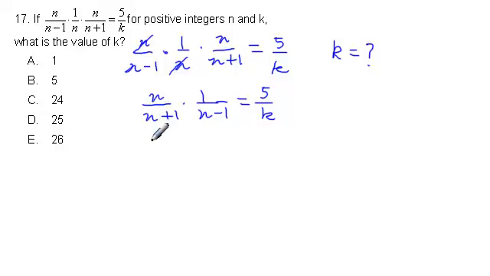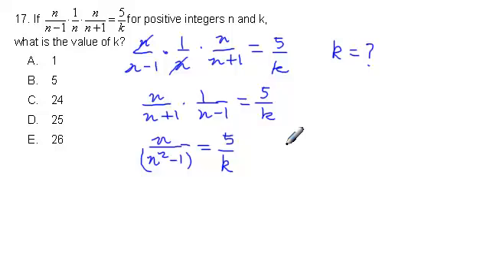Now I'm going to multiply this, so n over n square minus 1, and the other side is 5 over k.